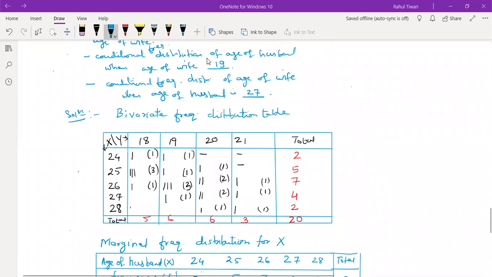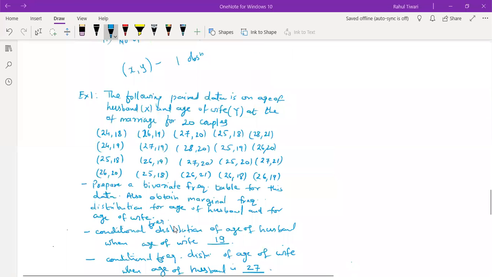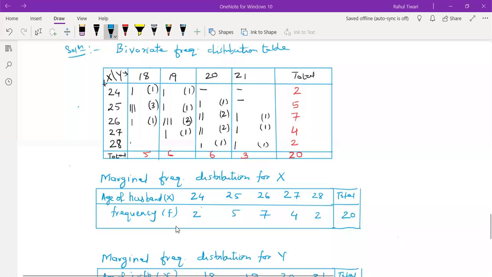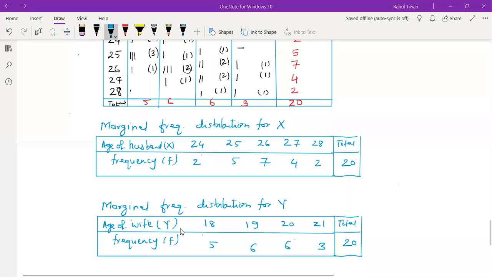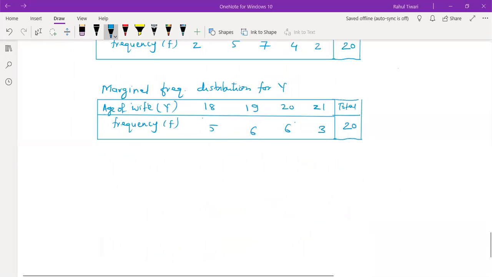So what is the question here? Conditional frequency distribution of age of husband निकालना है। Age of husband को I have defined x, मतलब मुझे x का distribution निकालना है। Age of husband मतलब x हो गया, right? So what are the frequencies? I will write like this.